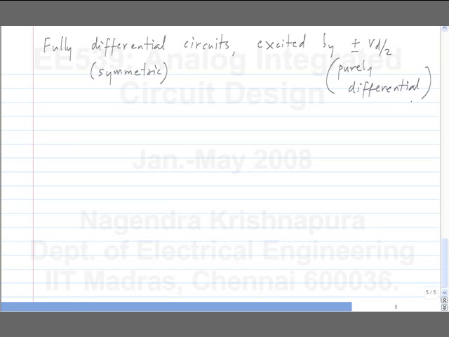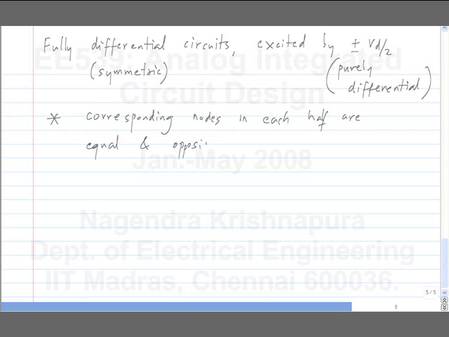When you do this, the corresponding nodes in each half are equal and opposite. Rather, I should say corresponding, the voltages at corresponding nodes in each half are equal and opposite, and this also holds for currents.